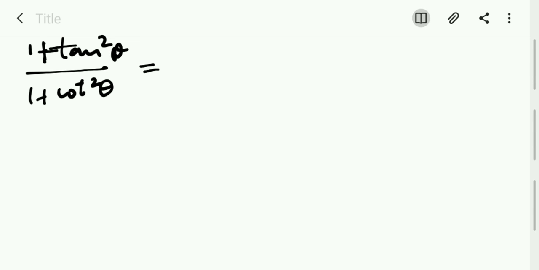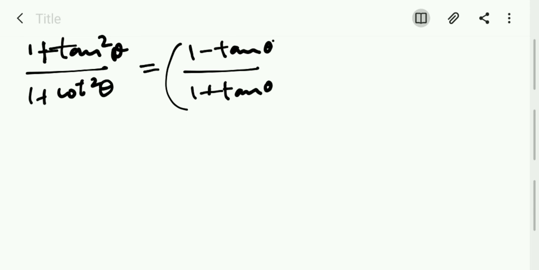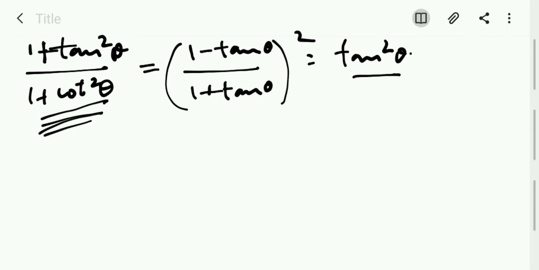This is equal to 1 minus tan theta by 1 plus tan theta whole square, and this is also equal to tan square theta. Now we have done this problem, we have shown that 1 plus tan square theta by 1 plus cot square theta is equal to tan square theta in our first sum itself, right? Remember, our first sum was the same thing.